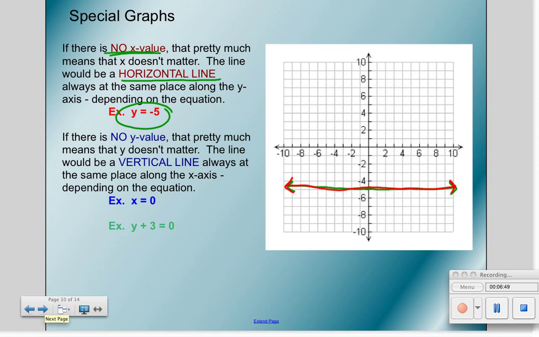And then the same is true the opposite. If there's no y value, then it's going to be a vertical line. So for example, if x equals 0, I go to where x equals 0, which is right here. Everywhere on this vertical line, the x value is always, always 0. Okay? So this is the line x equals 0. This is the line y equals negative 5.